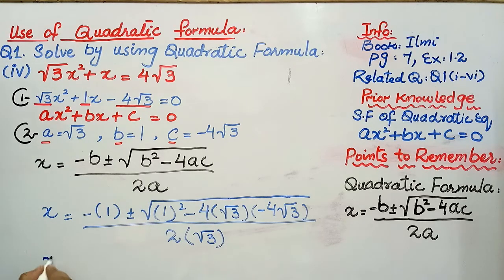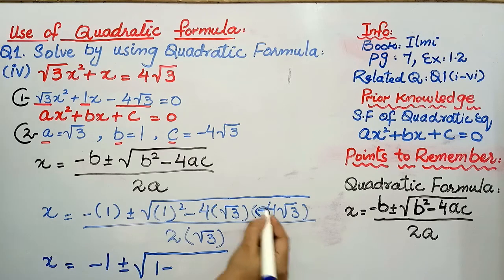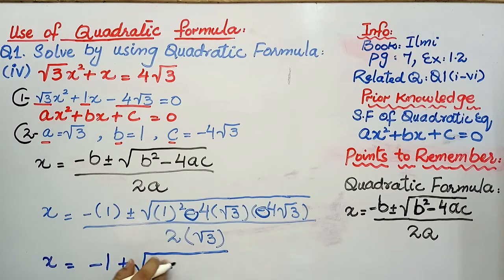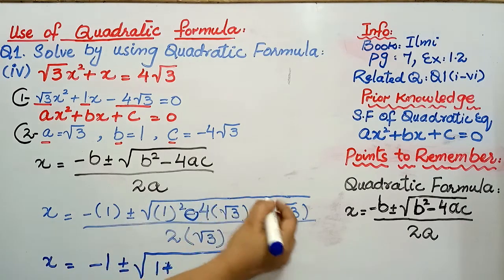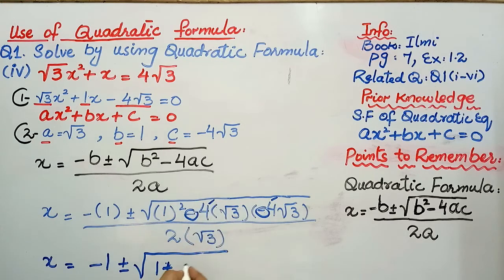So x is equal to minus 1 plus minus 1 square is 1, minus this minus and this minus will be positive. And 4 4s are this 4 and this 4. 4 4s are 16 and this is under root 3.